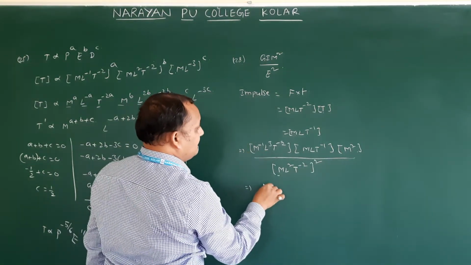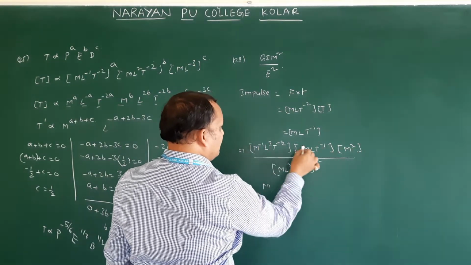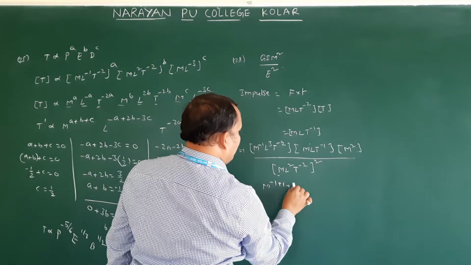So M power minus 1 plus 1 minus 1 plus 1 is 0. M power minus 1 plus 1 here plus 2.